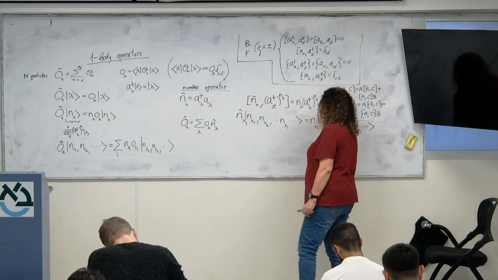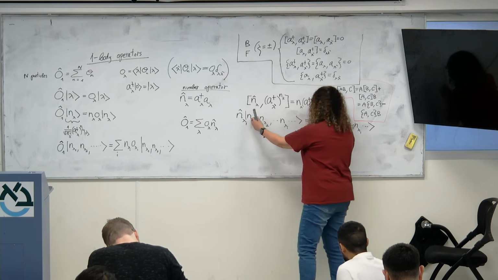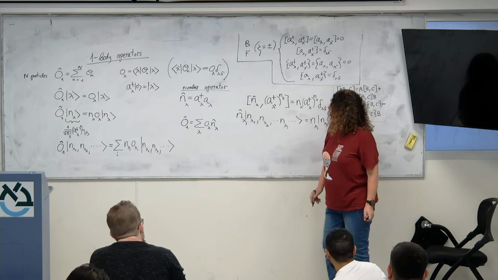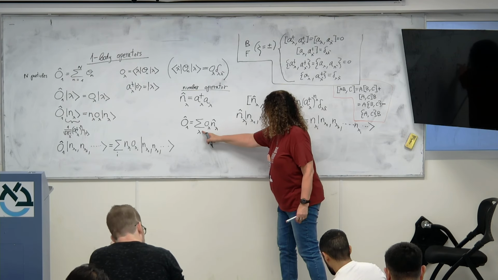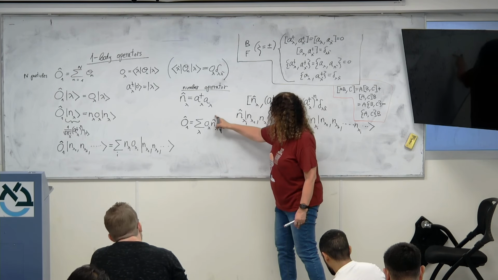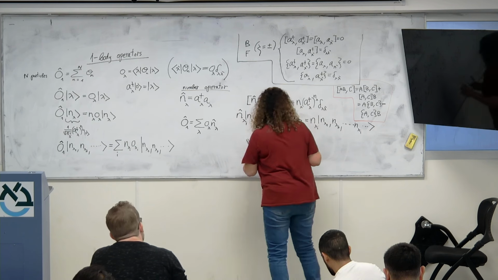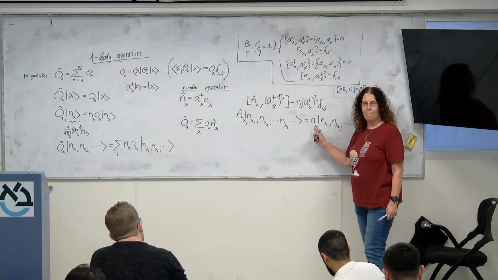Now, what happens if I apply this form on an arbitrary Fock state? For each lambda, I'll just get O lambda times n lambda hat acting on the state. But n lambda acting on the state just gives me the eigenvalue n lambda, right?